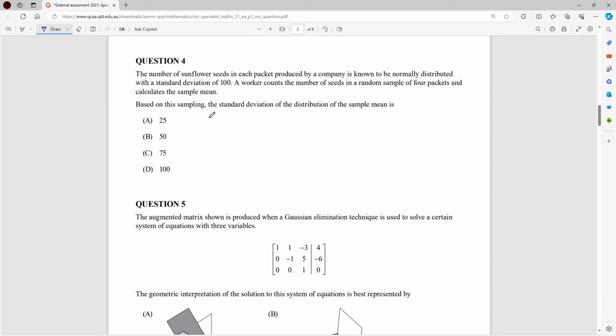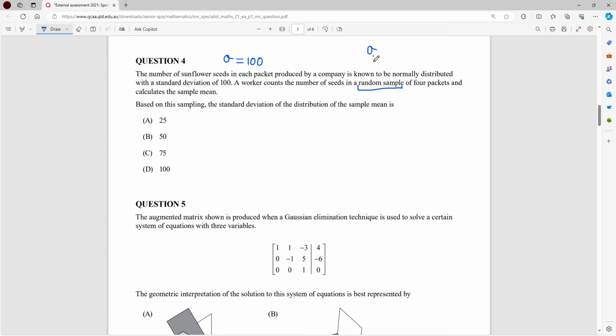Okay. So question 4, the number of sunflower seeds in each packet produced by a company is known to be normally distributed, okay, with a standard deviation of 100, okay. So straight away just write standard deviation is 100 of population, okay. A co-worker counts the number of seeds in a random sample. So you're thinking either confidence interval or your standard deviation of a sample.